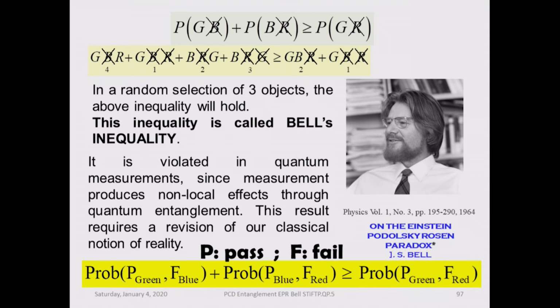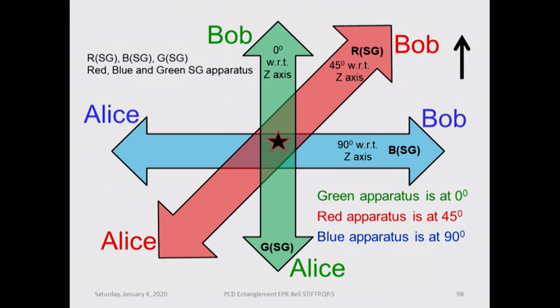So, green not B is pass for green and fail for blue. So, this is G not B, which is pass for green and fail for blue, plus the probability for blue pass and red fail. This must be greater than or equal to this probability for pass in green and fail in red. Okay?